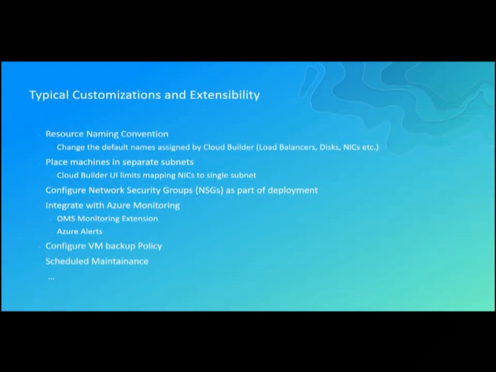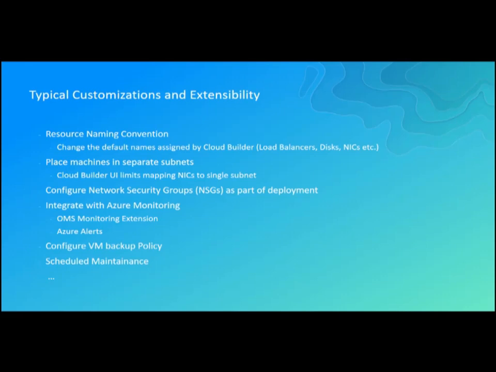Like typical customizations and extensibility that we envision people using and people have asked for is, the first one is resource naming convention. So Cloud Builder has a set of hard-coded names that it assigns to load balancers and disks and network interfaces. If you don't like it, you can actually take those artifacts, tweak it, and customize it to your needs.